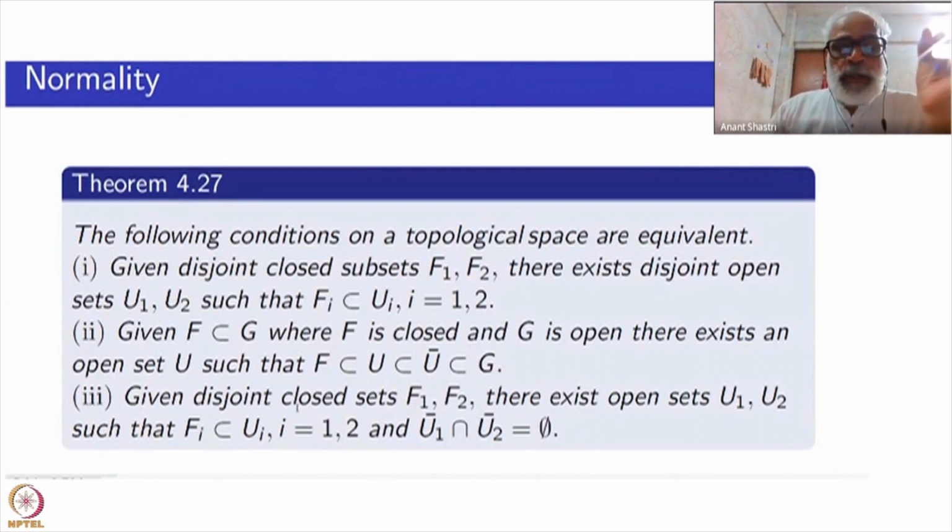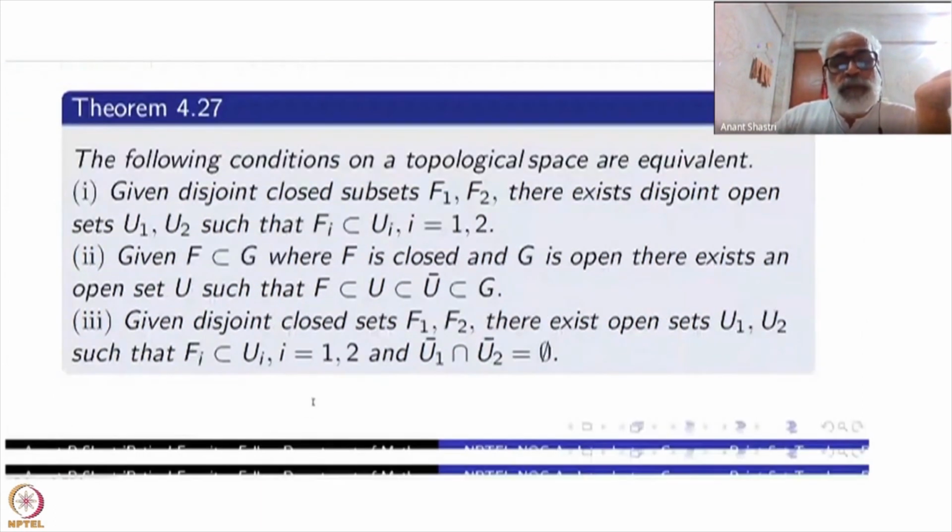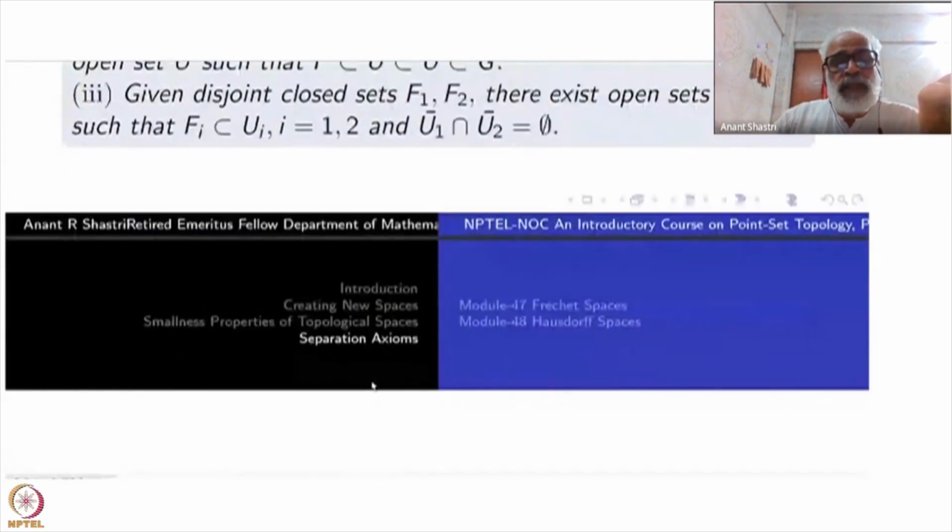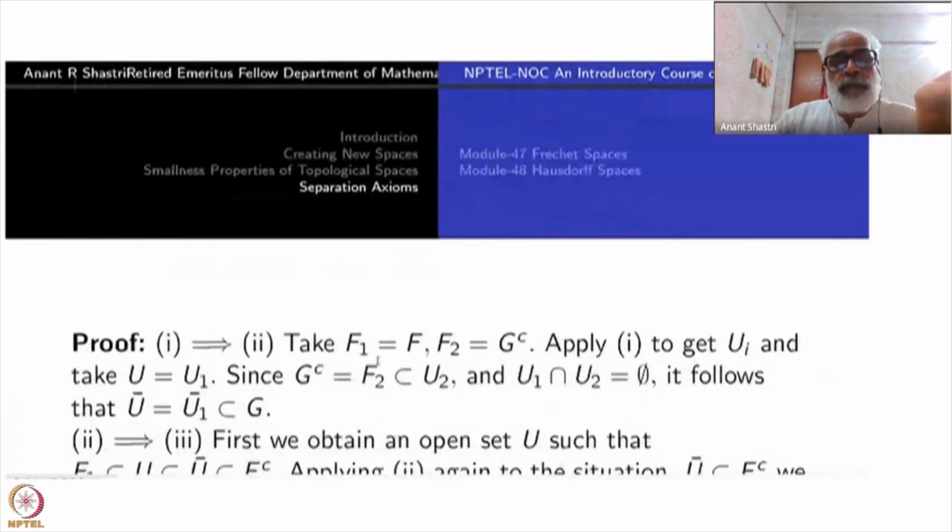Condition 3: given disjoint closed sets F1 and F2, there exist open sets U1 and U2 such that Fi is contained inside Ui and U1 bar intersection U2 bar is empty. This is similar to property 3 in the previous definition. Again, the proofs are also similar, so let us go through the proofs again, that these 3 conditions are equivalent.